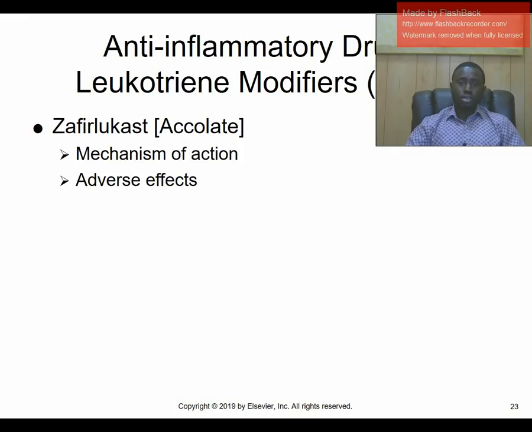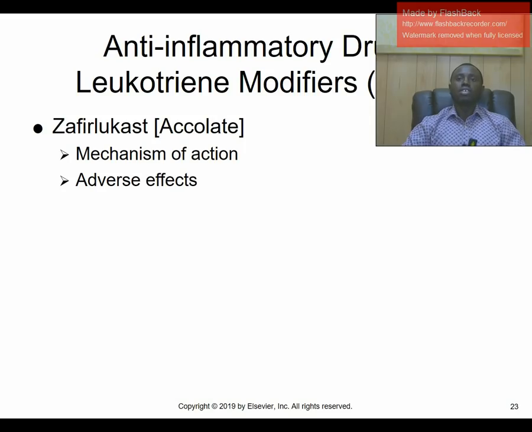Accolade can also interact with other drugs. For example, it increases the levels of theophylline and warfarin. So, as you are studying, pay attention to the similarities among the examples in all these drug classes and note what is different.